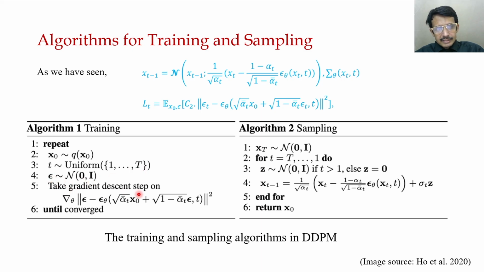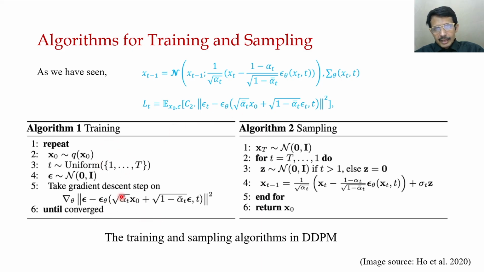Take the gradient descent step on the gradient of epsilon minus epsilon theta, this term. That is the gradient step. If we do this gradient step, we can get this until converged.